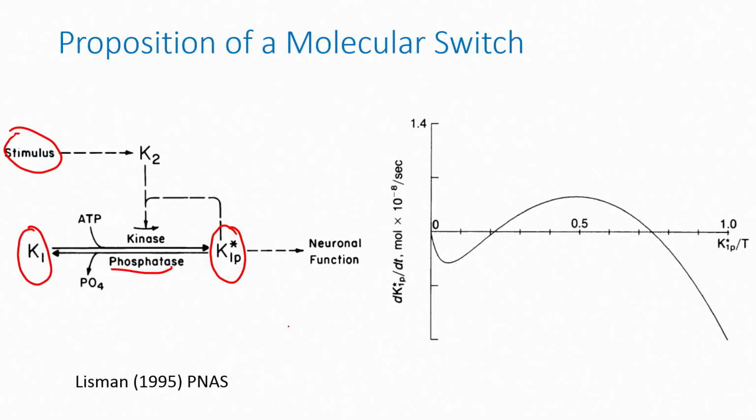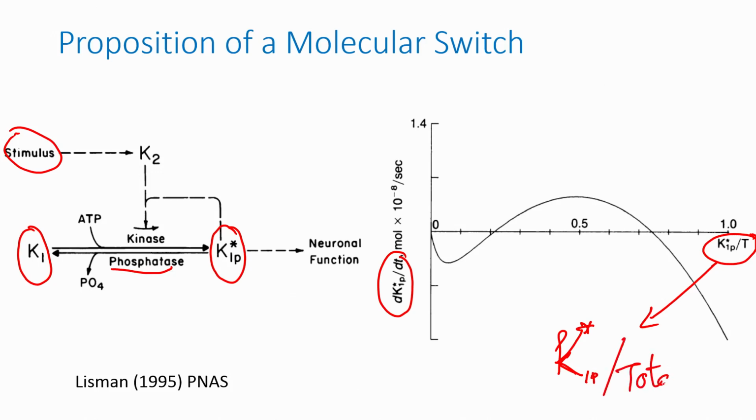And it turns out you can write down these equations and calculate this particular rate. The rate here is the rate of decomposition or rate of change of K1 activated state as a function of time. So, that is what we are plotting here as a function of the fraction, this is capital K activated estimated as a fraction of the total K.